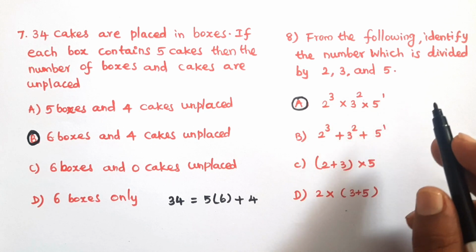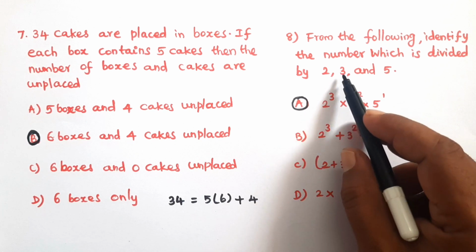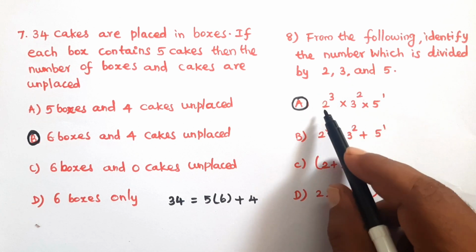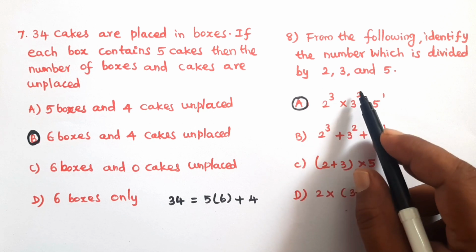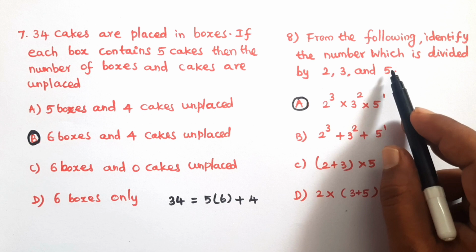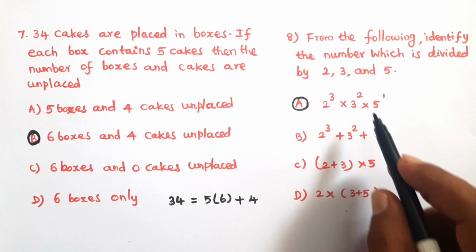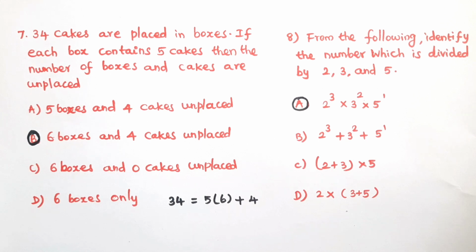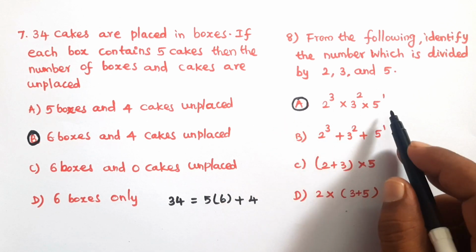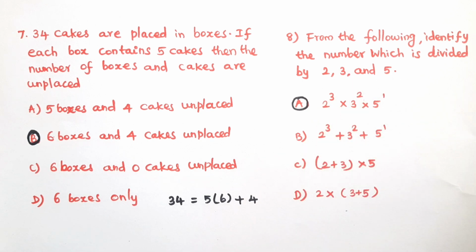Then dividing by 3, we get 2 power 3, 3 power 1, 5 power 1. And dividing by 5, we get 2 power 3, 3 power 2. So this number is divisible by 2, 3 and 5.